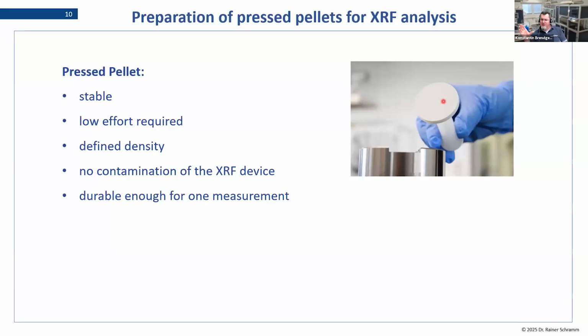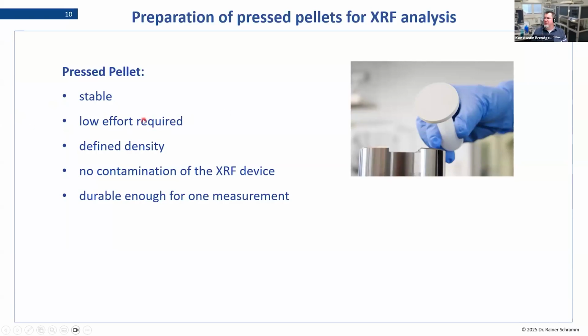Basically, a loose powder in a cup is the same as a liquid for us. So our machines, our spectrometer, switch to a helium atmosphere as a protection. And the pressed pellets we make should be stable enough to be measured in vacuum without problems. So that's the idea here. Compared to other techniques like fused beads, it is quite low effort.